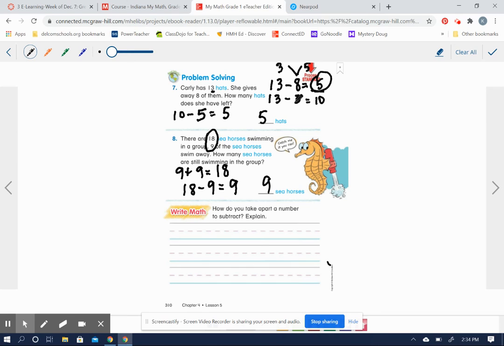All right, and so down here, the right part at the bottom, how do you take apart a number to subtract? Explain. Well, sometimes it's just so hard to put this in words.